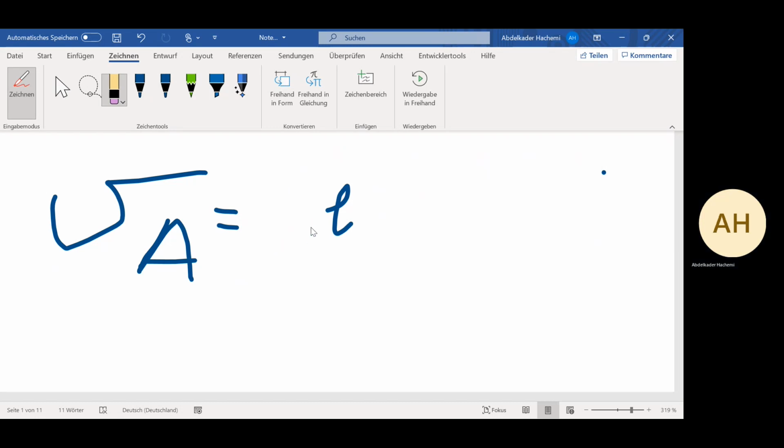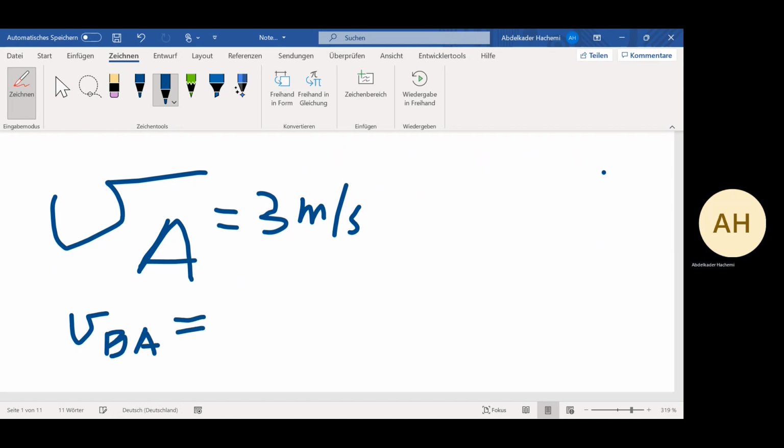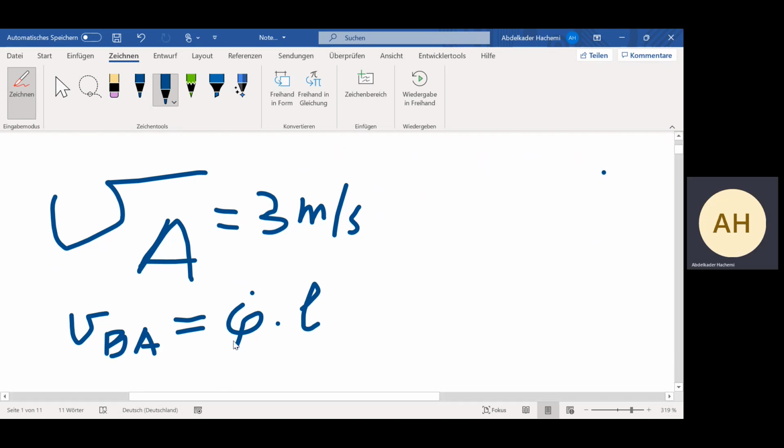VE is given, VE is 3 meters per second, but VBE, the relative velocity, can be determined by phi dot multiplied by L. And this is phi dot multiplied by L. It's only omega cross the distance between B and E. This is the position vector BE.